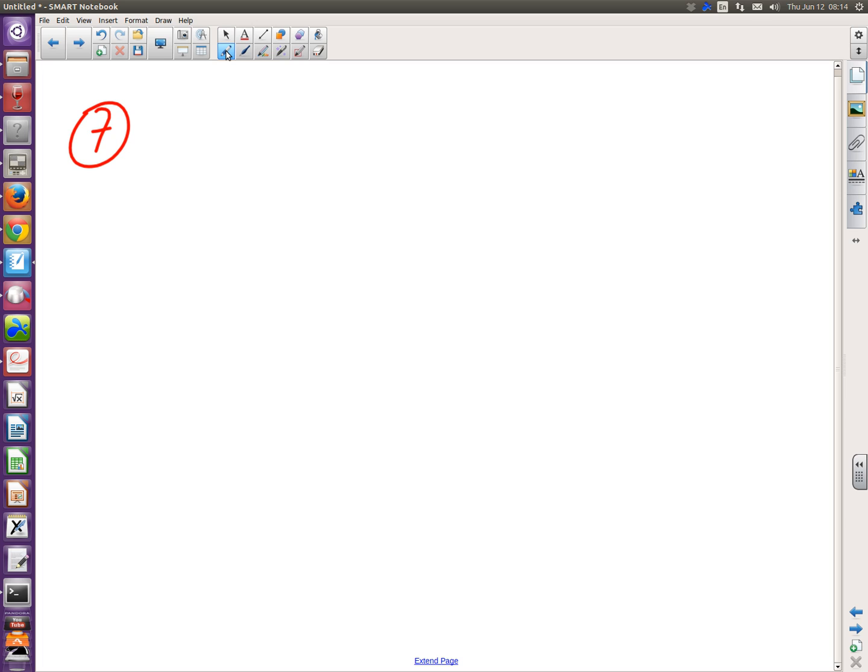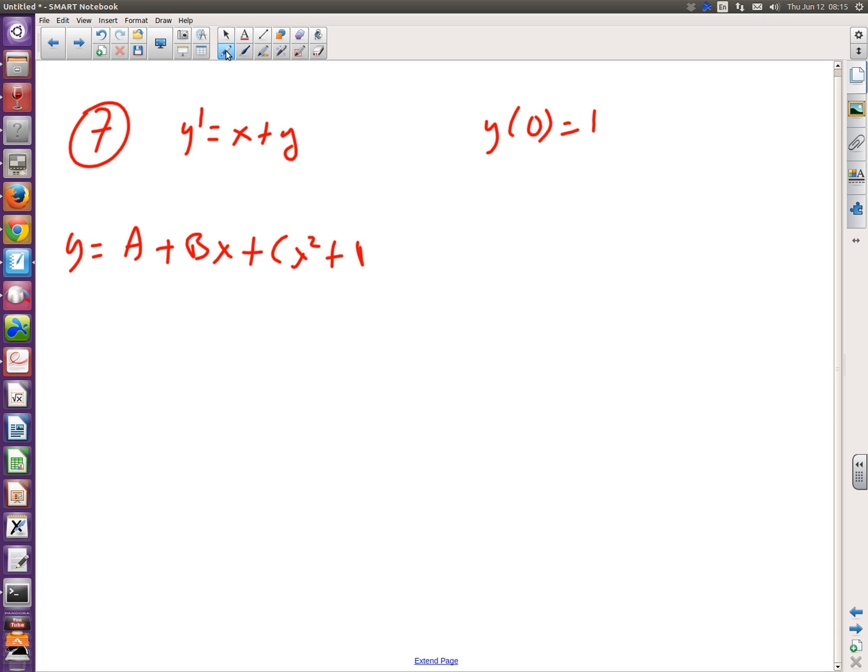All right, so y prime is x plus y, and the initial condition is whatever it is, so you can get a particular solution. And y is, again, a plus bx plus cx squared plus dx cubed plus fx to the fourth plus gx to the fifth, and so on.